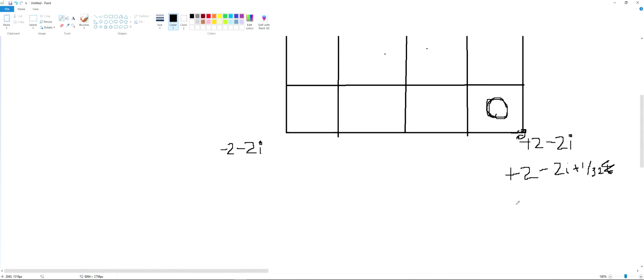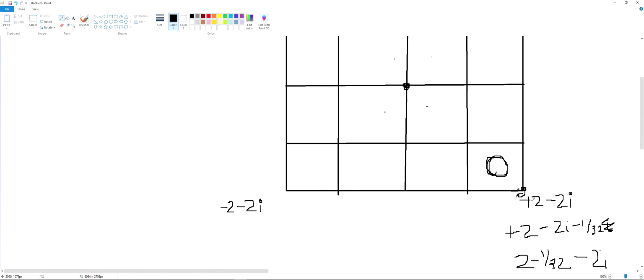We have +2, and instead of adding, we're 1 less than +2, so we're going to change this to a subtract. So we have 2 minus 1/32 minus 2i is actually that pixel.